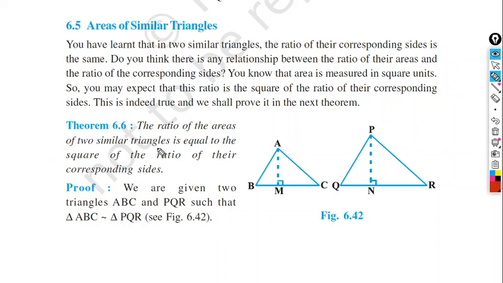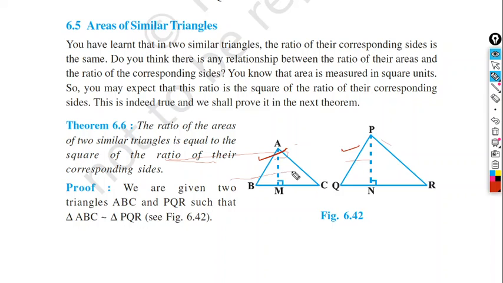The ratio of the areas of two similar triangles is equal to the square of the ratio of their corresponding sides. So here triangle ABC and triangle PQR are there, and they are similar.